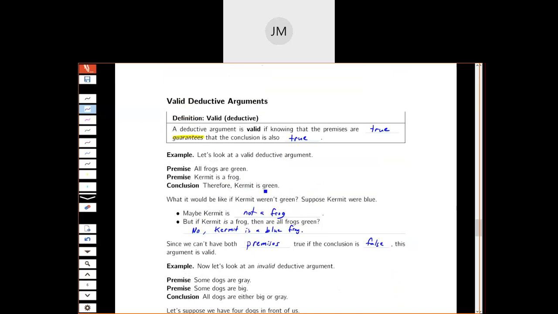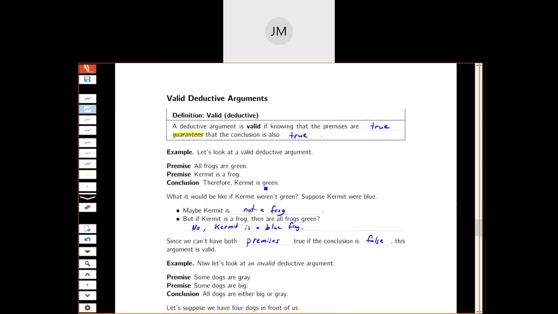In order for Kermit to not be green, maybe Kermit's not a frog, but that violates a premise. Maybe there are some frogs that are not green, but that makes the other premise false. I can't imagine a way to make the conclusion false and also have the premises true. And if that can't ever happen, then that's why it's deductive, right? Because if you have true premises, it guarantees that your conclusion will be true.